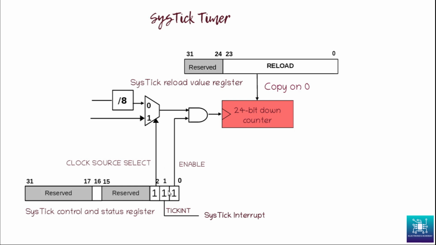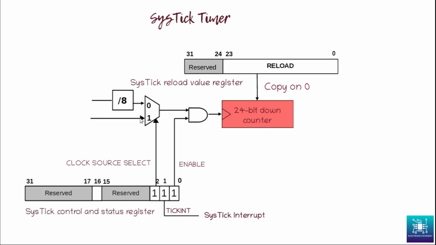Now if bit 1, the tick interrupt bit, is set to 1, the Systick starts generating an interrupt on every countdown. And then this is the enable bit for enabling the Systick timer itself.